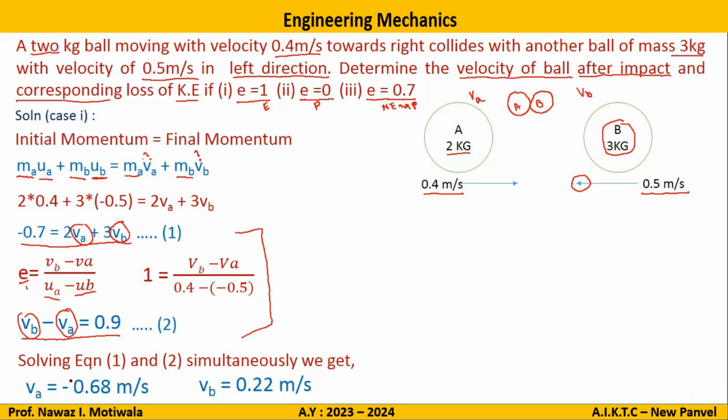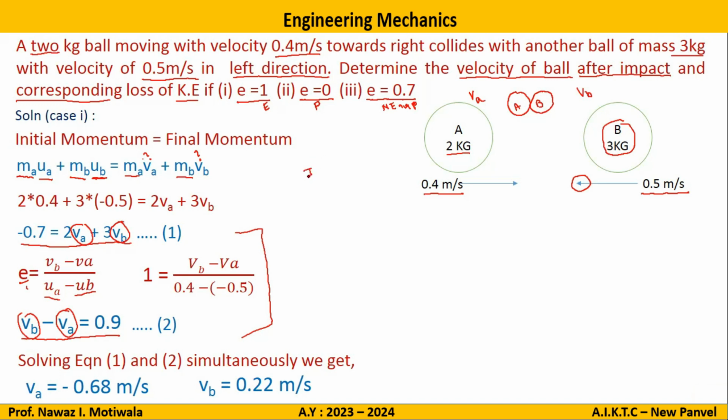With these answers, we have completed the first part, that is to determine the velocity of the ball after impact. Now the second part of the question was to determine the loss of kinetic energy. So if we want to find out the loss, what will we do?